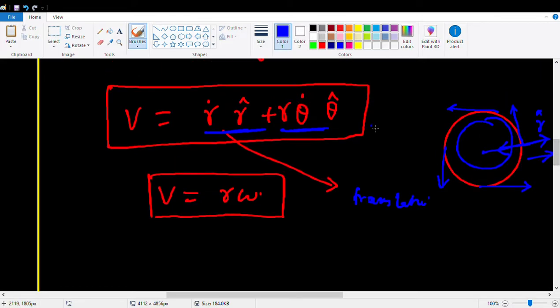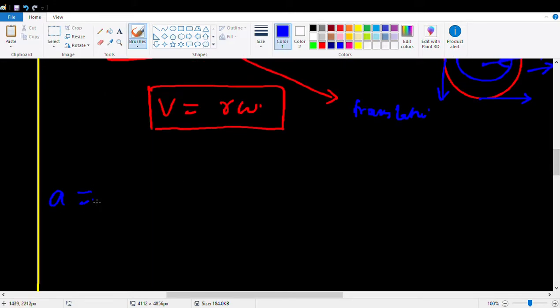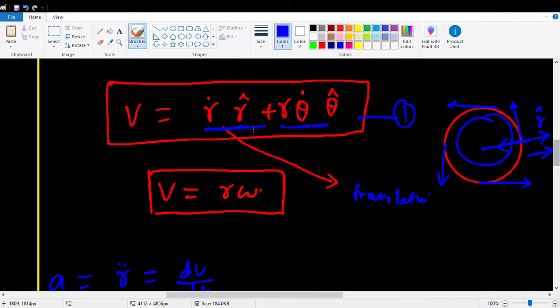Now I have to understand how we can find the acceleration. Acceleration is nothing but r double dot, or simply dv over dt. What is the velocity here? Velocity is nothing but this one, so I'm going to write it as r double dot, just using the chain rule: first the derivative with respect to time of this, and then this with respect to time.